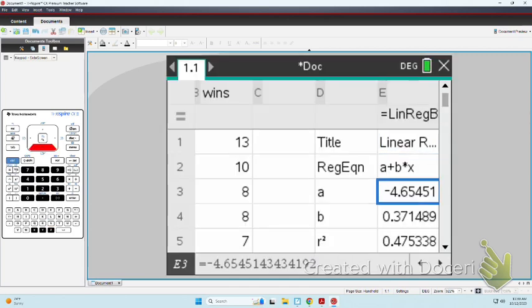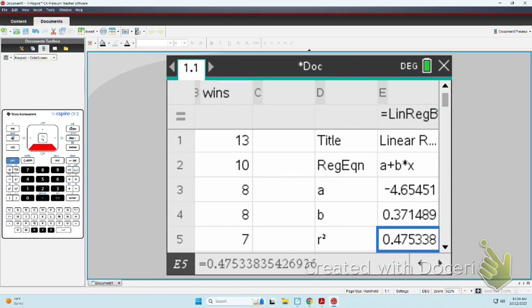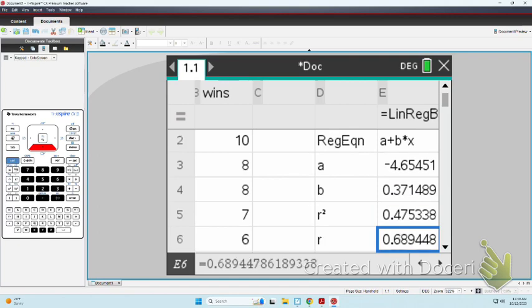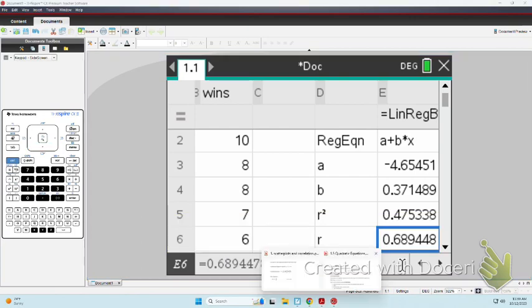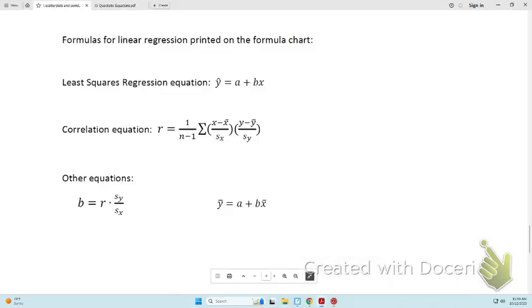That's your y-intercept for the best fit line, A. B is the slope. R squared, we'll talk about that later. And there is correlation, .6894.